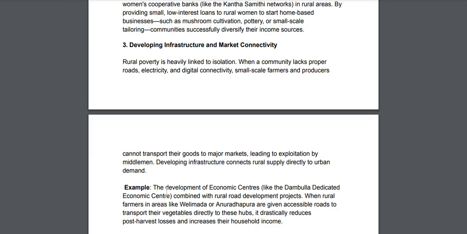Here they have mentioned the development of economic centers, and they have given the example also: Dambulla dedicated economic center combined with rural road development projects. When rural farmers in areas like Vavuniya and Anuradhapura are given accessible roads to transport their vegetables directly to their hubs, it drastically reduces post-harvest losses and increases their household income. Like that, you have to explain the example. Otherwise, you can't get full marks.